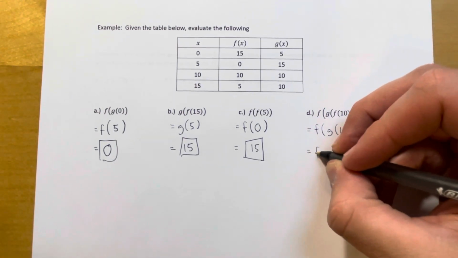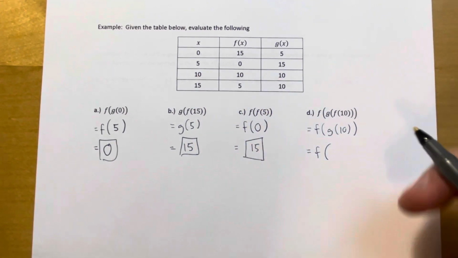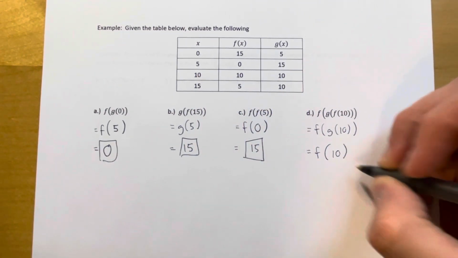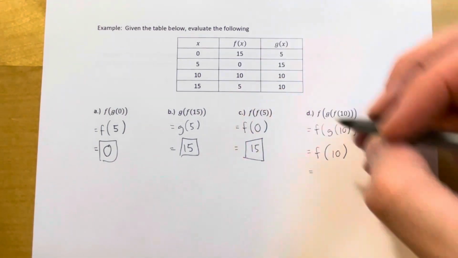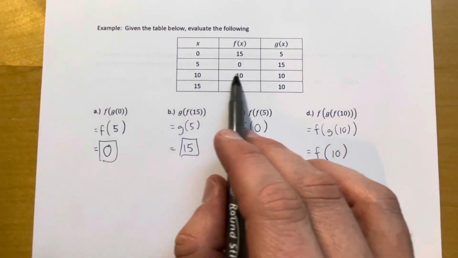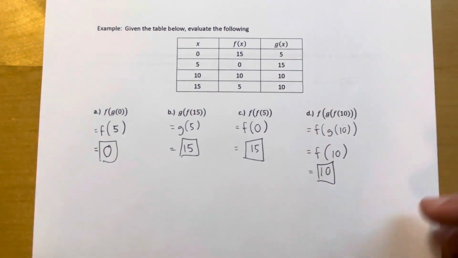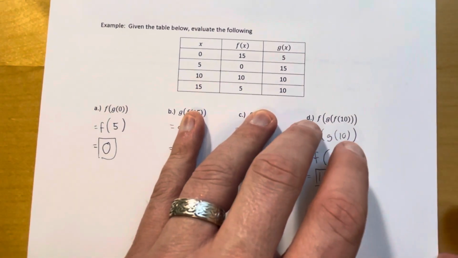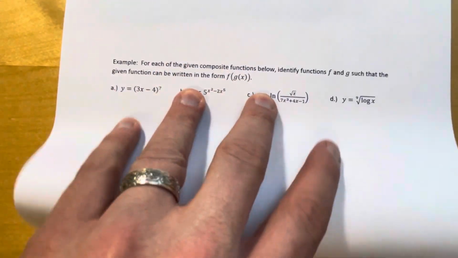What is g of 10? Finding 10, g also gives me 10 there. Now finally I'm finding f of 10, which again, we already found that here. It was just 10. So 10 showed up a lot, but that's because there's 10s all throughout this row right here. Done. Okay? Fairly straightforward once you get the idea behind how function composition works.